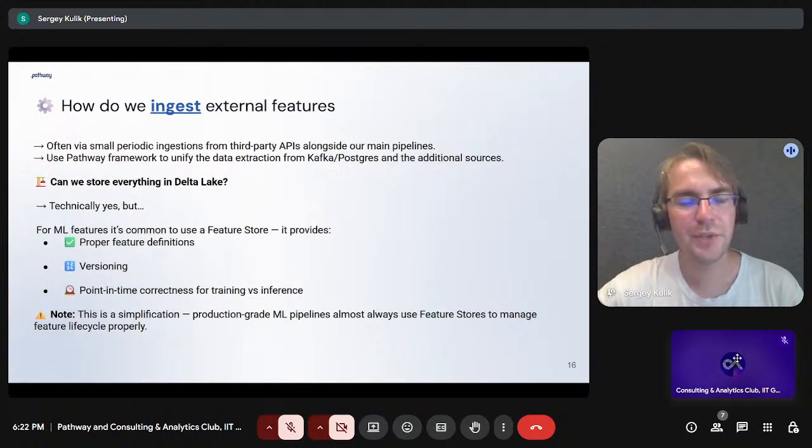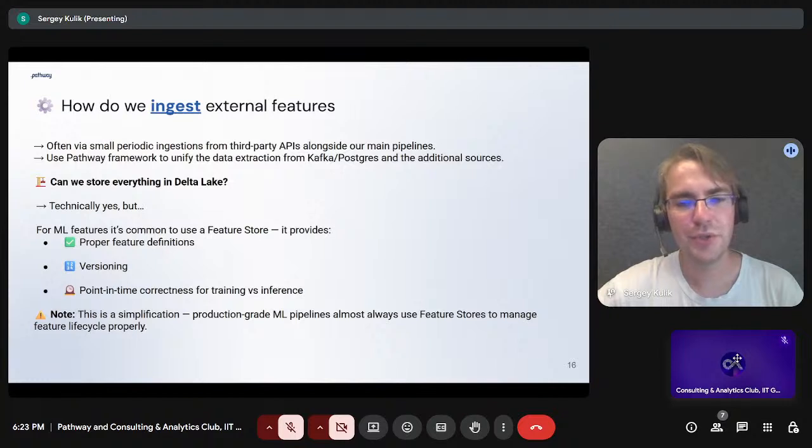Then we do many small polls to the external API. If those polls fail, we do retries. If retries don't help, we do alerting. And the engineer can check that the API has changed, for example, or the API key has expired.